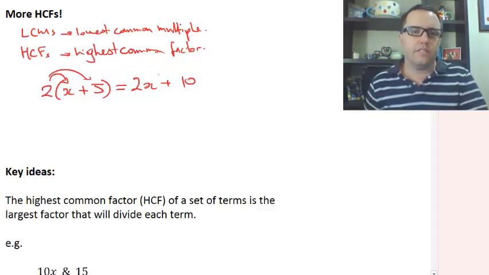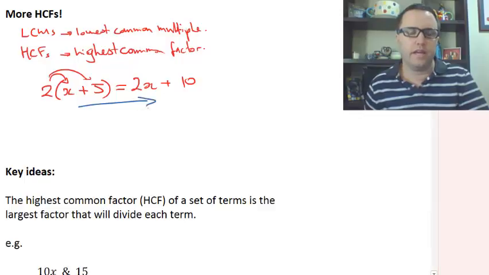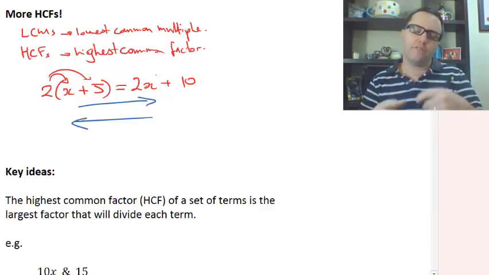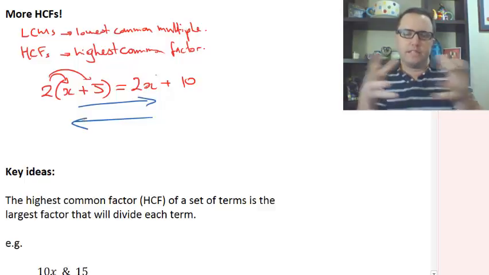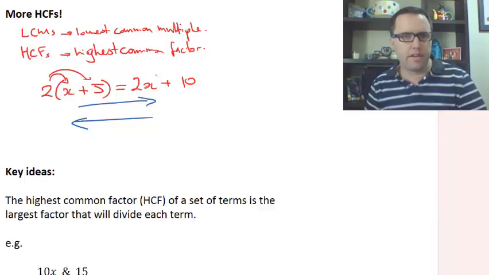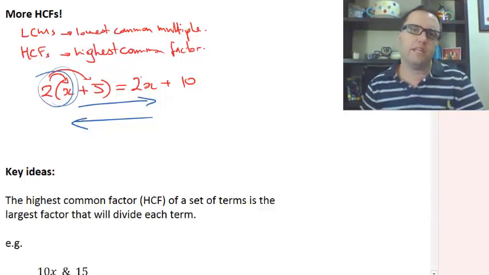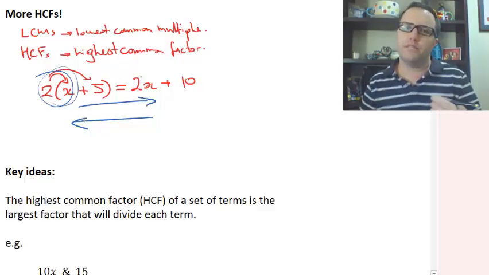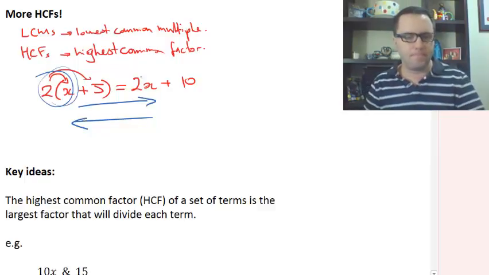The idea is factorizing, so expanding is going this way, but factorizing is coming back the other way, turning it from an expanded out expression back into something a lot more compact. Now, why do you want to do this? Well, sometimes having an expression in this form is much easier to deal with and do some particular things in algebra with.